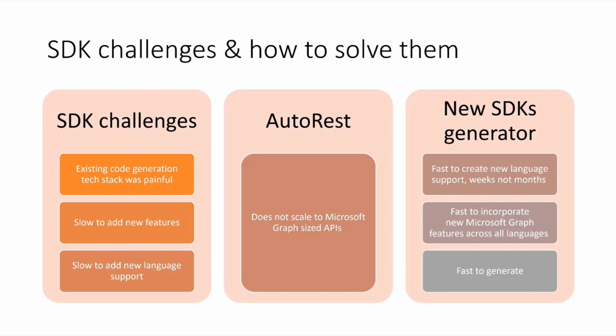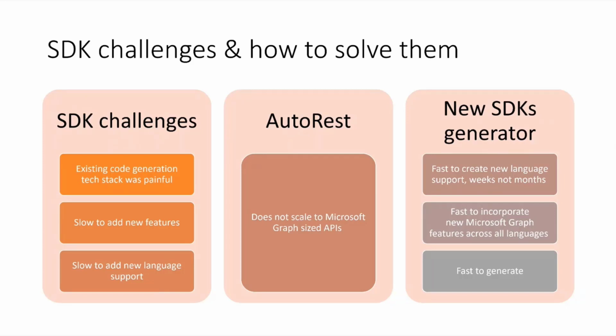We thought Autorest would solve the issues for us, but unfortunately Autorest did not scale to the size of the Microsoft Graph APIs. So with all these challenges in mind and with the learning that we got with Autorest, we went back to work and we focused and we decided to create a new SDKs generator with the goal. We wanted something fast to support new languages.